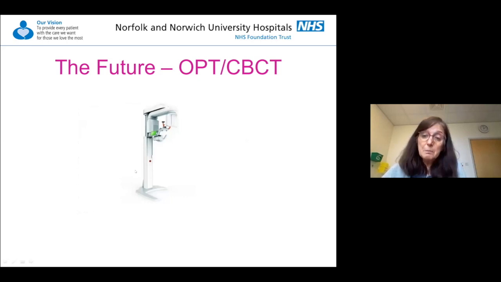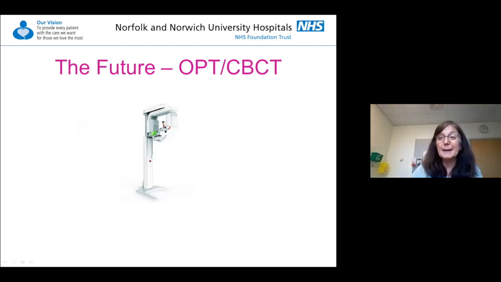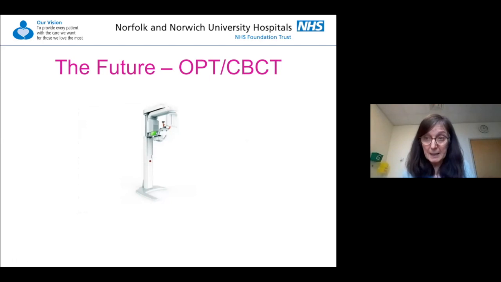So the future, moving forward from OPTs, we're now moving into the generation of cone beam CT scanning. And this is very detailed CT scanning of a small volume, which is useful to us, useful to ENT, and is sometimes combined, in one machine, with the ability to take an OPT radiograph.